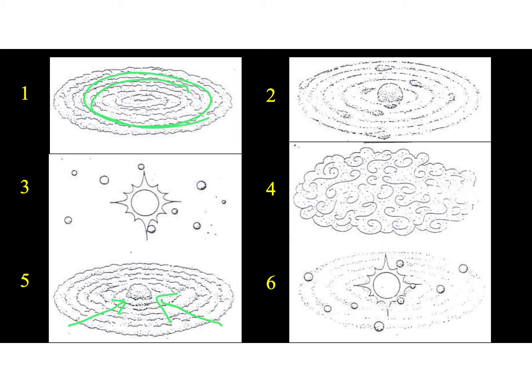Image 2 is next, where we start to see planets accreting or building up from material farther out in the nebula. They aren't fully formed planets yet. We call them planetesimals or protoplanets at this stage. Image 6 is next, where the sun is now shining.